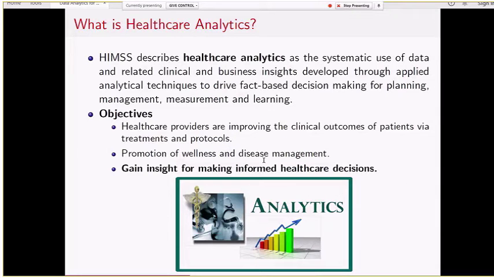Healthcare analytics is defined by HIMSS as the systematic use of data and related clinical and business insight developed through applied analytics techniques to drive fact-based decision-making for planning, management, measurement, and learning. The main goal is to provide improvement to the clinical outcomes of patients via treatments and protocols, and also promotion of wellness and disease management. To make it short, it is to gain insight for making informed healthcare decisions.